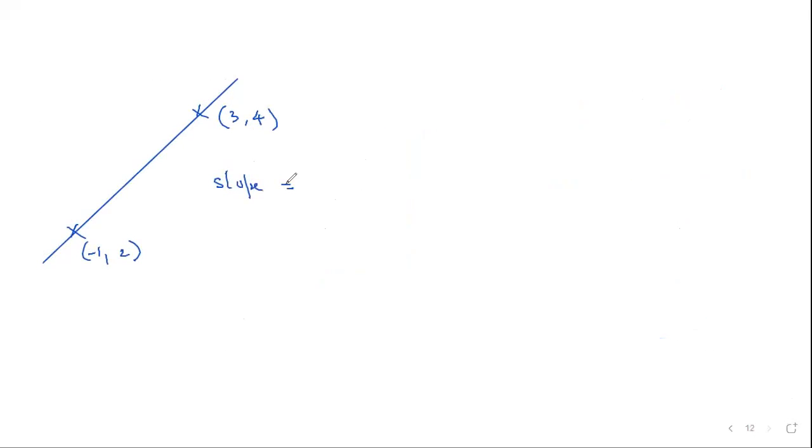What is the formula? Difference of the y coordinates. Any one of them you can take as the first. Yes, Saksham: 4 minus 2, difference of the y coordinates, divided by difference of the x coordinates, minus 3 minus minus 1. So the answer is 1 by 2.